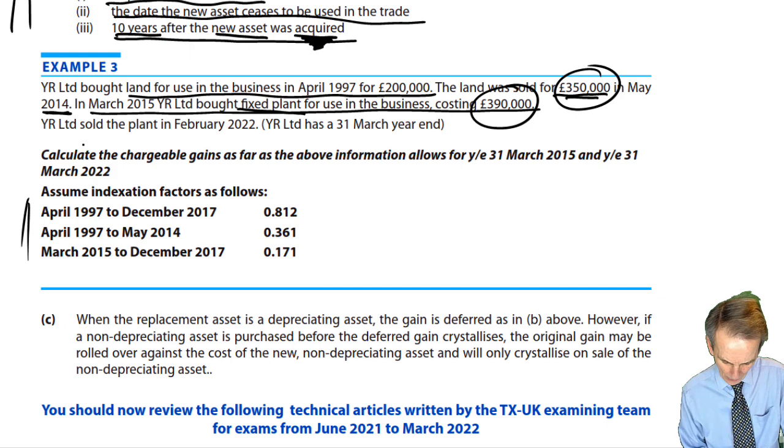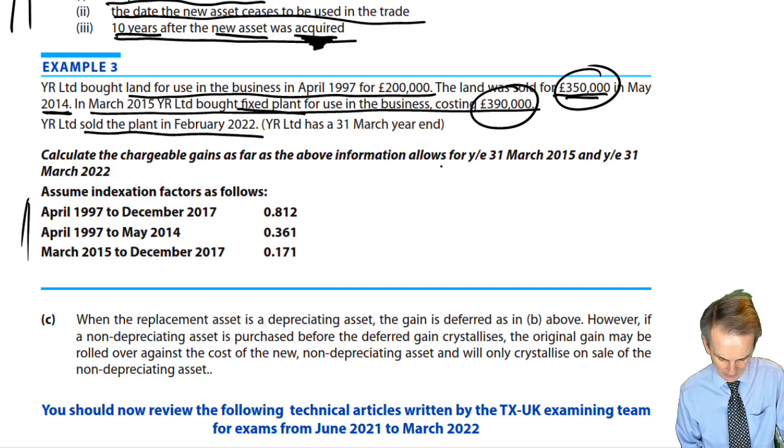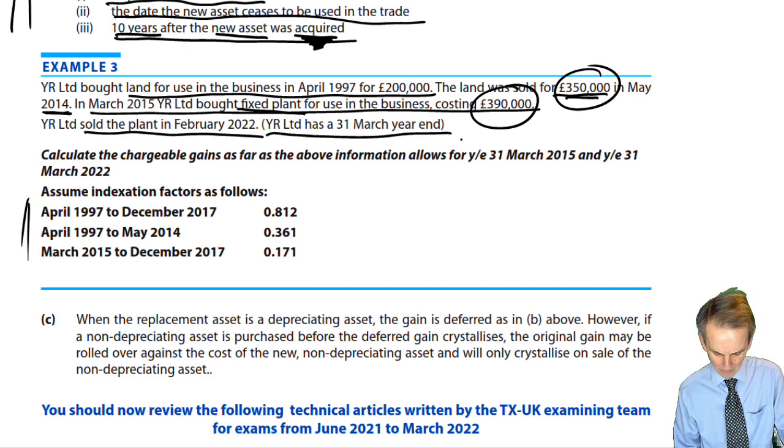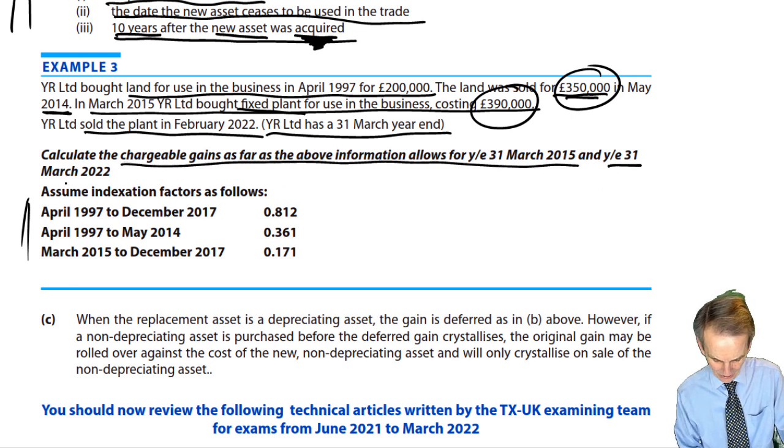What then happens is YR Limited sold the plant in February 2022, at which point we're now told that YR Limited has a 31st of March year end. Hence the requirement: calculate the chargeable gains as far as the above information allows for the year ended March 15 and the year ended March 22.